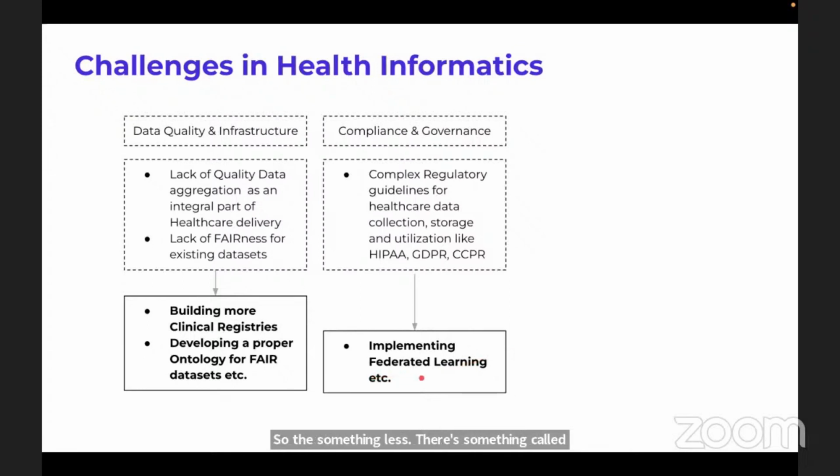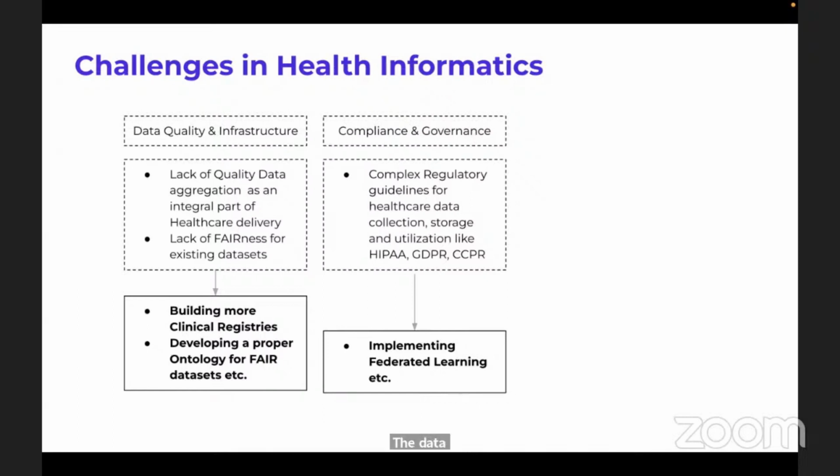In federated learning, generally when we build a model, we take data from multiple sources, store them in a central repo, and build and run the model there. But in federated learning, we don't do that. The data resides in the local server.